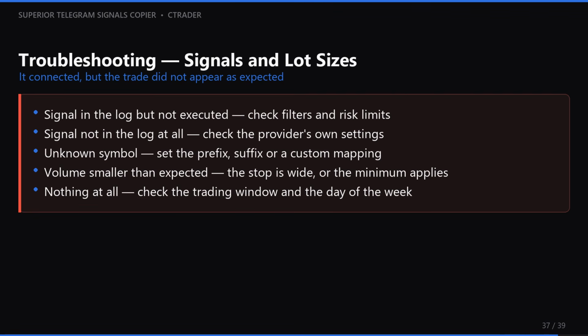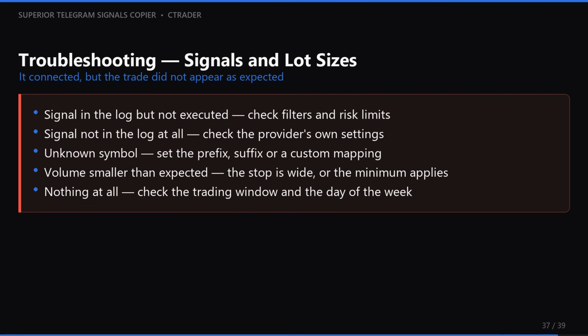And third, signals and lot sizes. If the signal is in the log but was not executed, the cBot rejected it, so check your symbol filters, your trading window and your risk limits. If the signal never reached the log, the provider's own settings filtered it out. A message about an unknown symbol means symbol mapping, so set the prefix, the suffix, or a custom mapping.